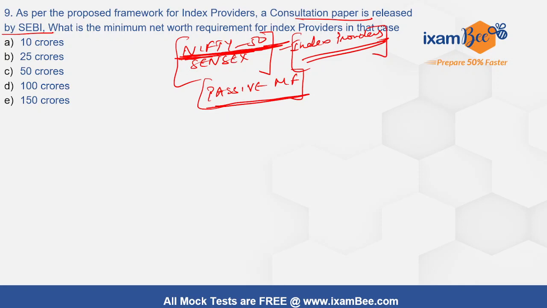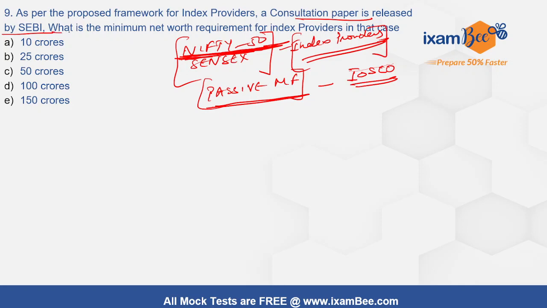SEBI has proposed that regulations will adhere to the principles of the International Organization of Securities Commissions. Certain requirements have been outlined for these index providers to follow, and the consultation paper has been released to ask for suggestions from the required stakeholders.